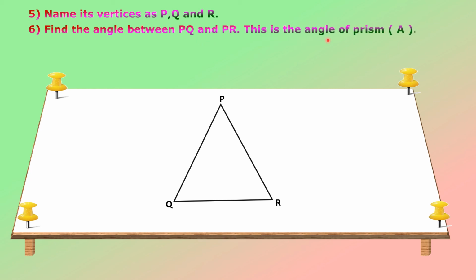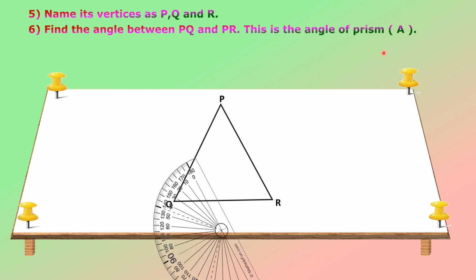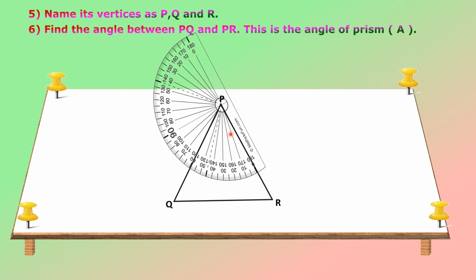This is the angle of prism A. By using a protractor, I am going to find the angle between the two plane surfaces PQ and PR. Here it is 60 degrees. So here A equals 60 degrees.